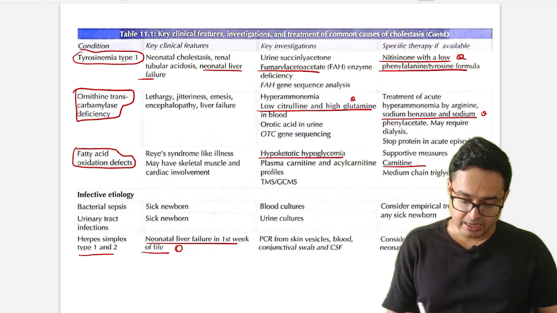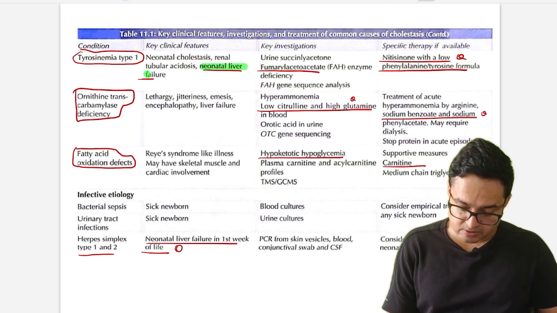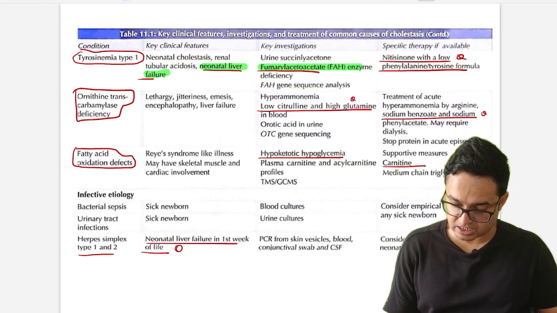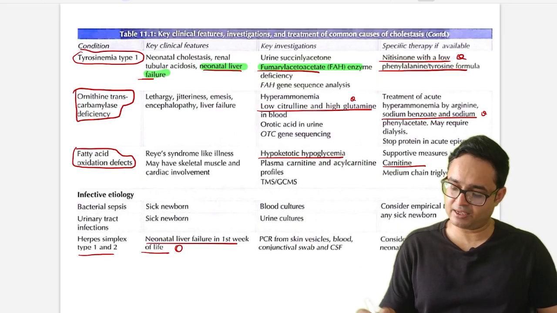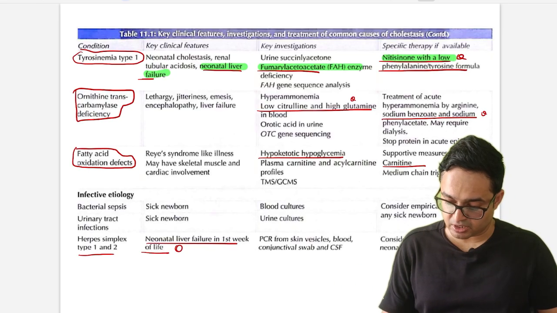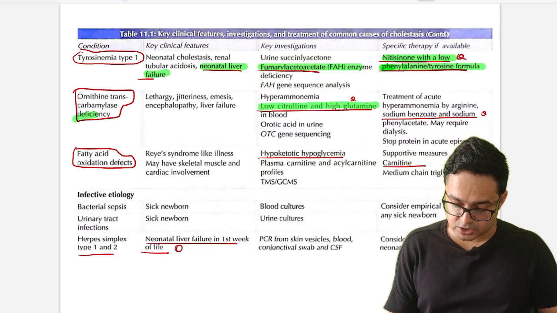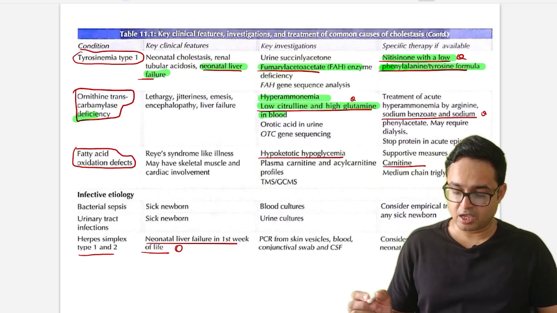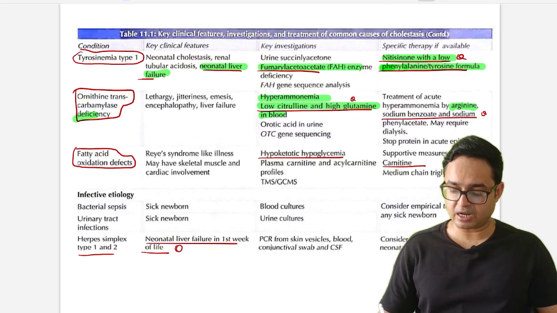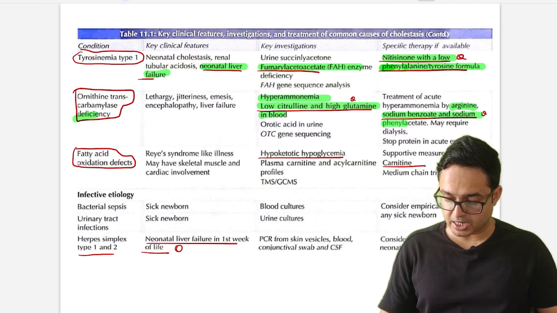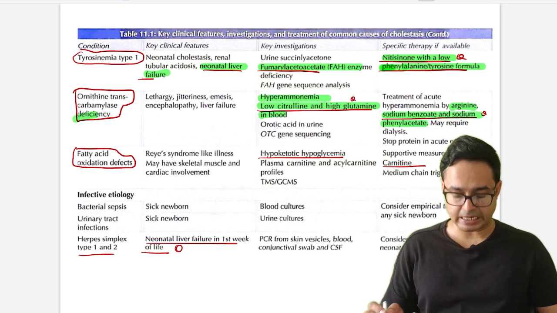Going forward, tyrosinemia type 1 is also a cause of neonatal liver failure. You have to do FAH examination. And what is the therapy? Important question. Nitisinone with low phenylalanine or tyrosine formula you have to give. OTC deficiency: low citrulline, high glutamine in blood with hyperammonemia, and you have to decrease hyperammonemia by arginine, sodium benzoate and sodium phenylacetate.